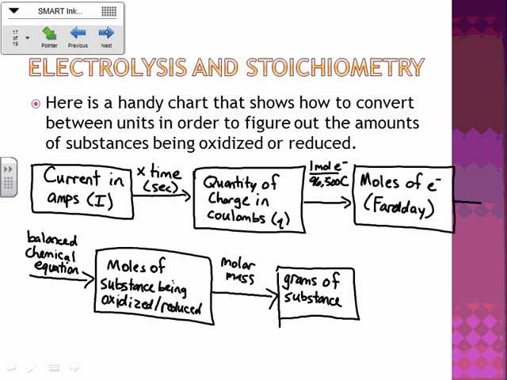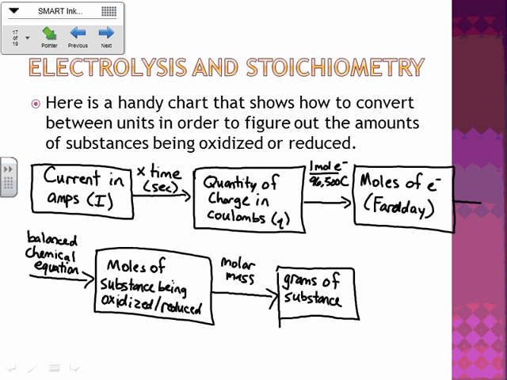So here's my little chart. It's not mine, it's from the book, but I thought it was good, so you probably want to reproduce this in your notes. And it might be worth just kind of thinking about this, but let's say that we want to know a certain number of grams of a substance we can make. So down at the very bottom here, that's kind of our end goal, all right?